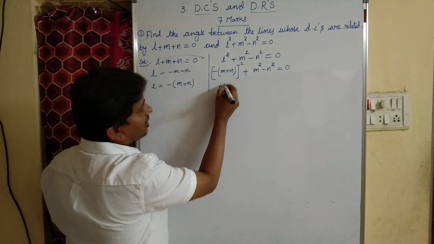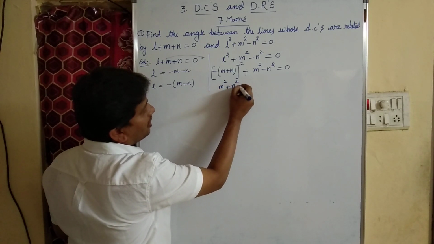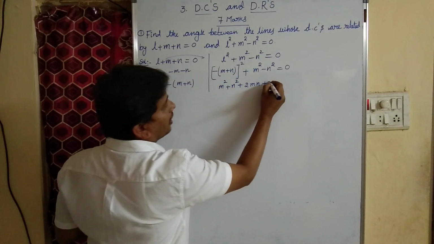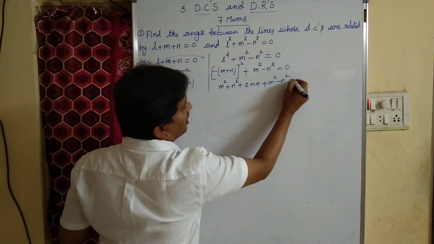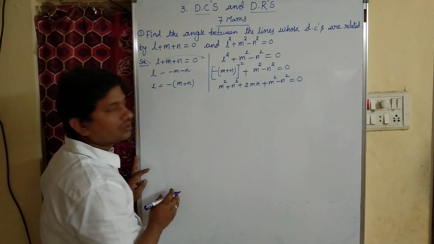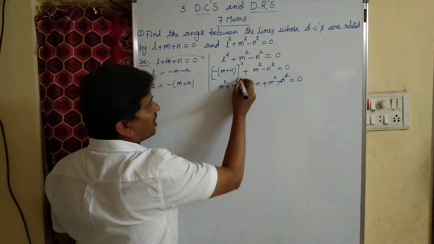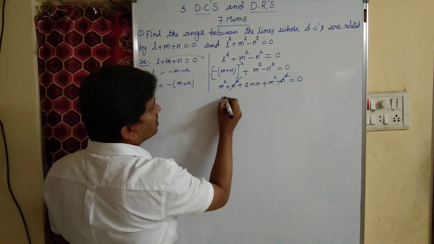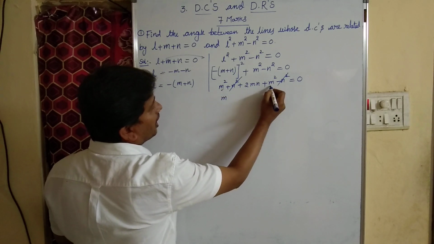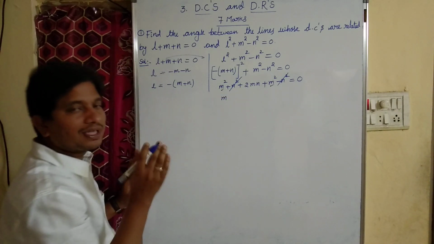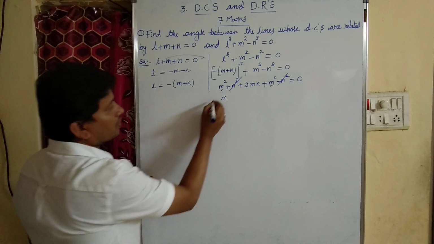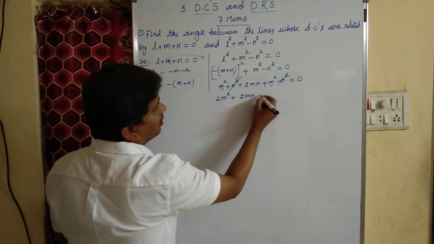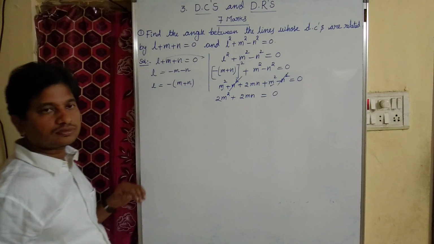That is A square plus B square plus 2AB, plus M square minus N square, equal to 0. So minus N square plus N square gets cancelled. Here M square plus M square is 2M square, plus 2MN, equal to 0.